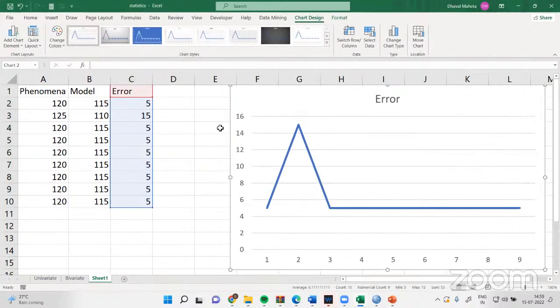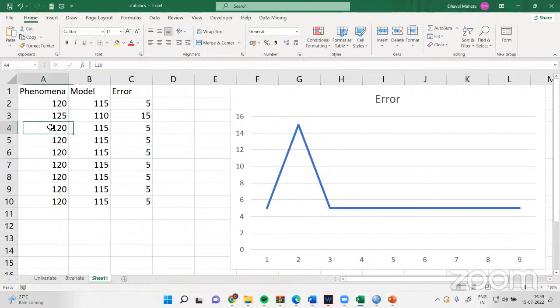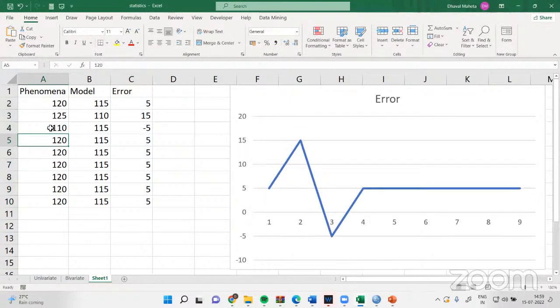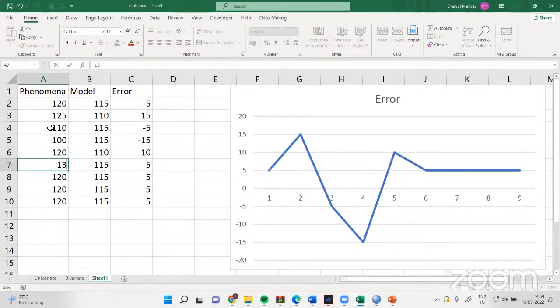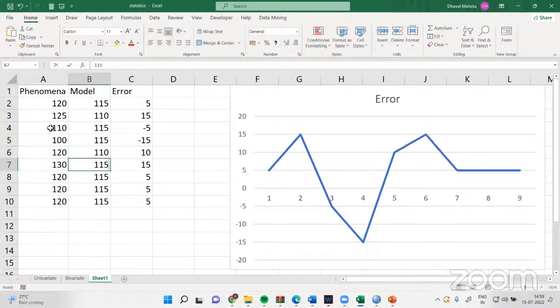Okay. Now I will write down here 110. Right? I will write down here 100 and 100. Here again I'll write down 120 and I'll say 110. Here I'll say 130 and the prediction was 120.